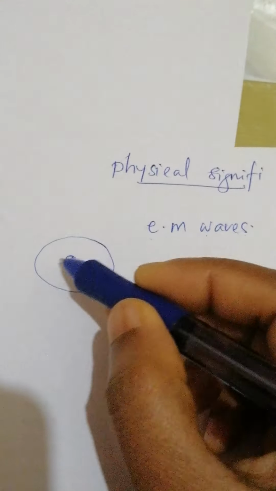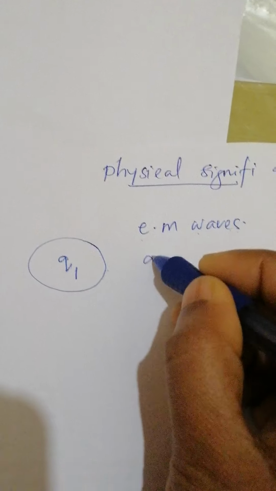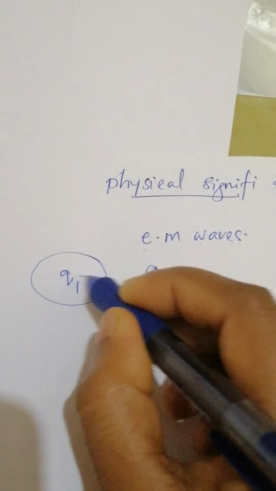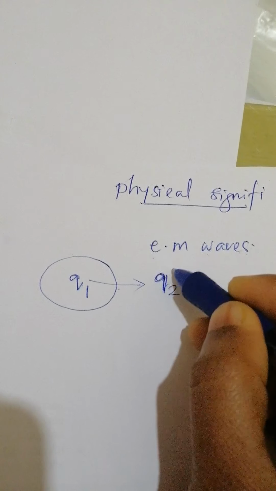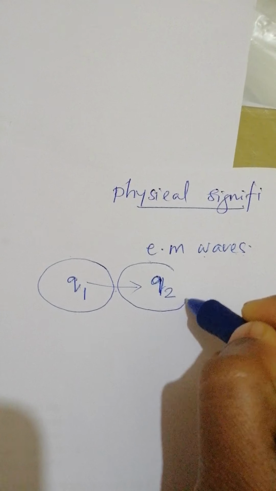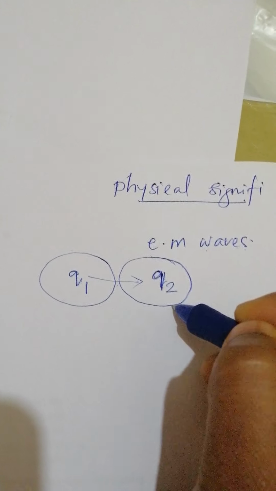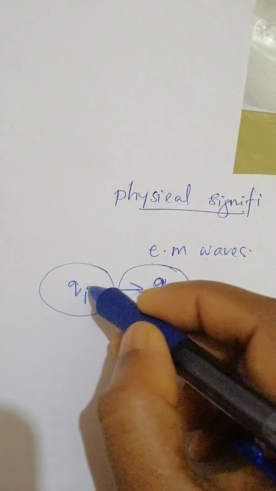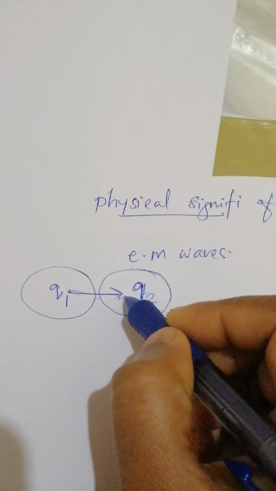When this electromagnetic wave reaches another charge q2, it can cause a force on q2. Again this moving charge will produce electromagnetic wave. So from here to here, transportation of energy or signal took place.